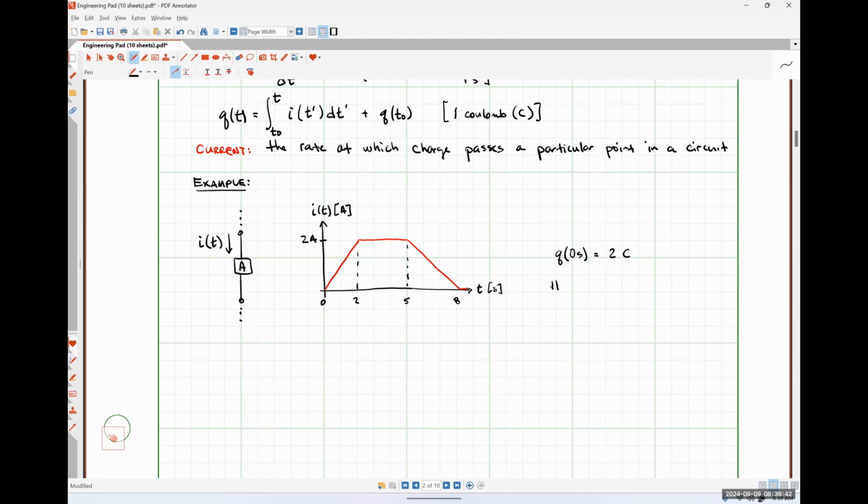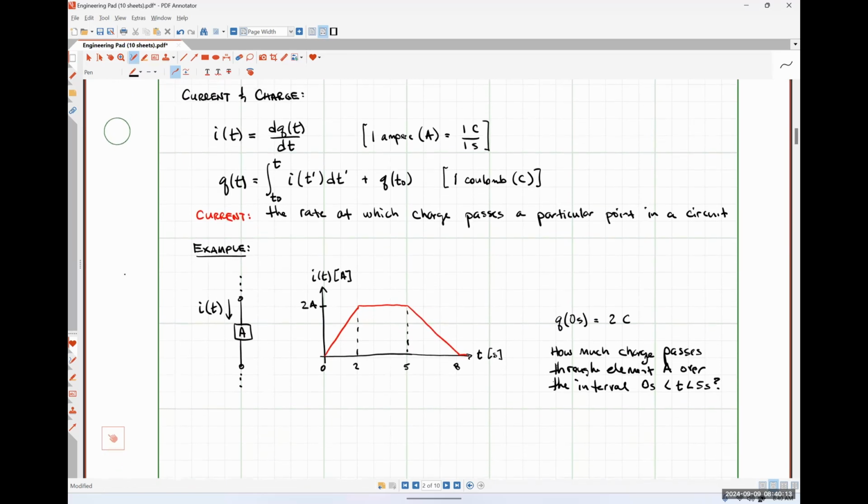So which of the two equations that I gave you guys above is the one that we need to use?